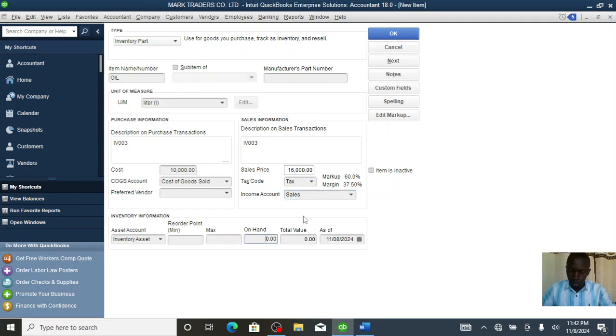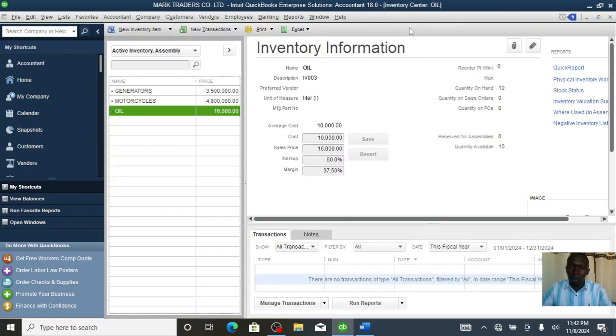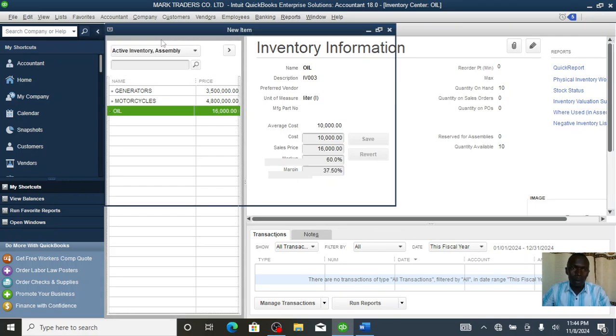On hand we have 10. Then okay. Our next item is servicing, so we create it also.